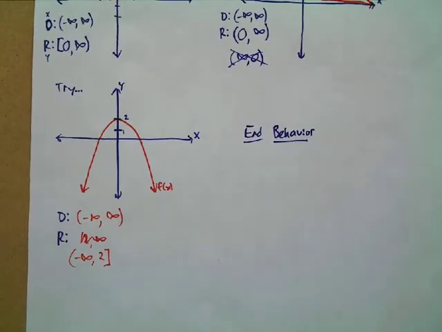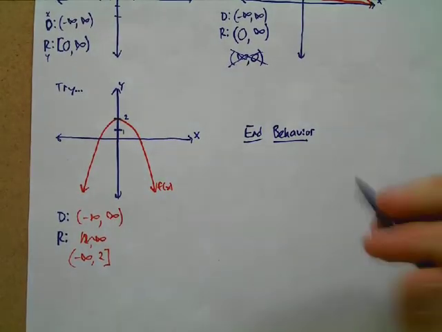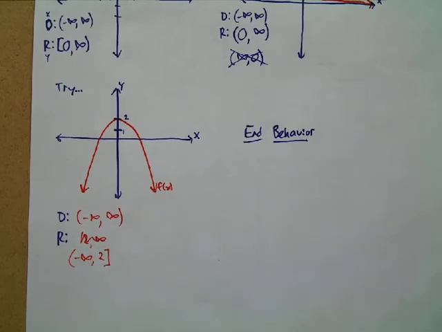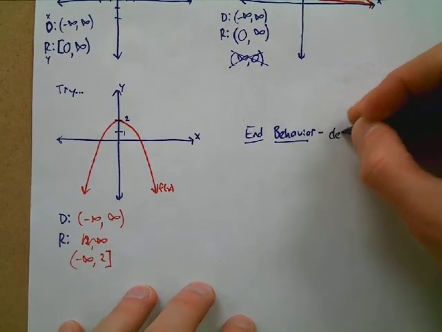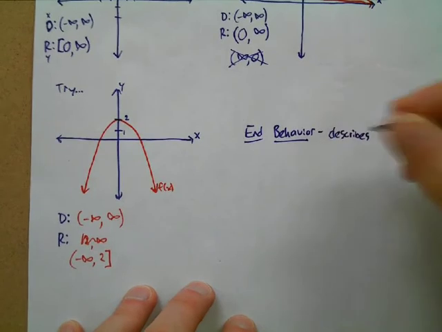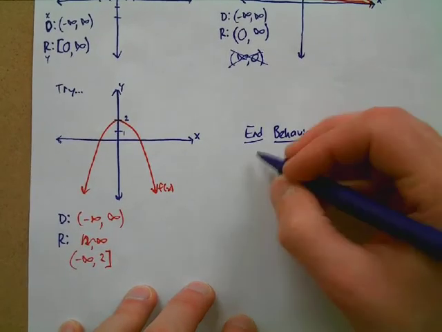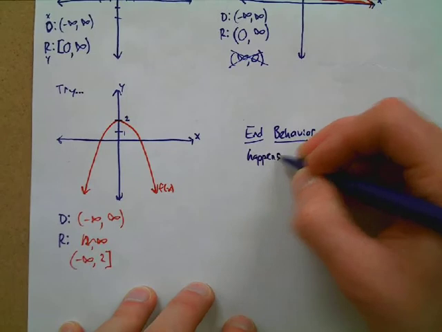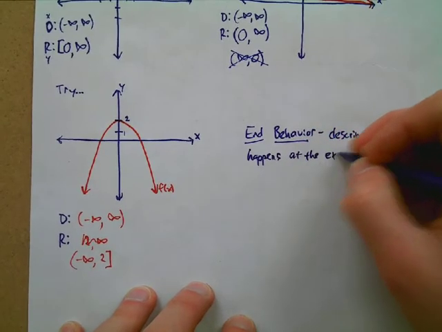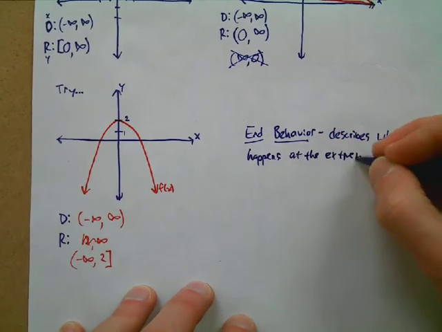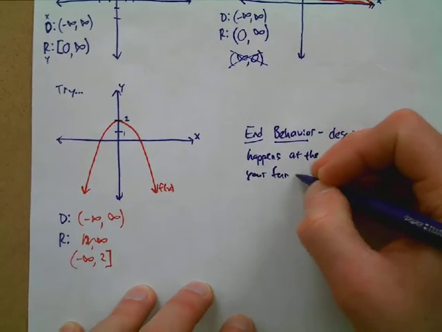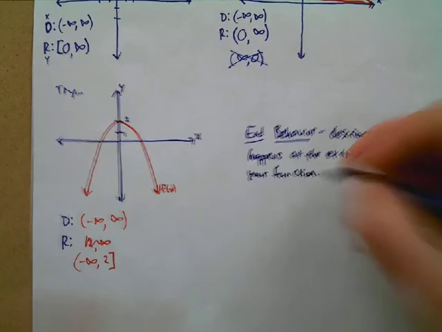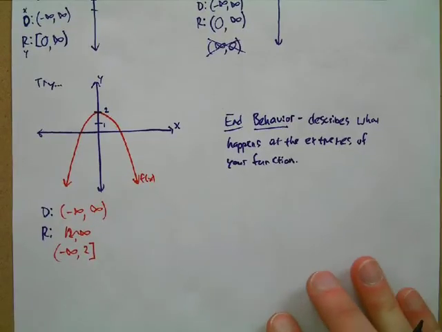End behavior describes what happens as you go to the ends or the extremes of your function. It describes what happens at the extremes of your function.